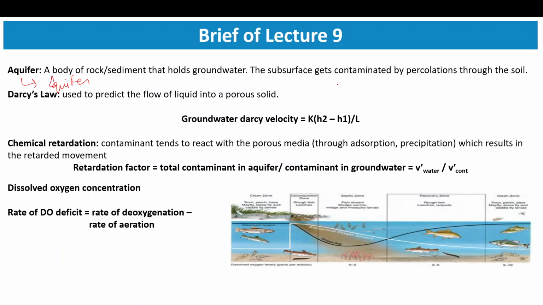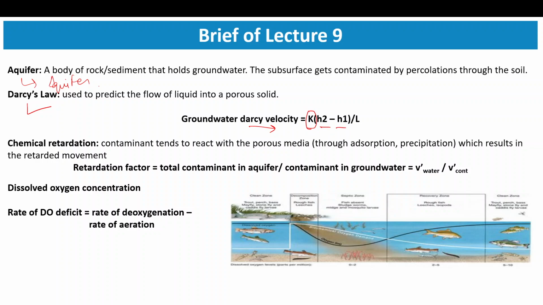from one place to another, a law is used which is known as Darcy's law. It will predict how the flow of liquid occurs in any porous solid. So this is the Darcy velocity. This K is a constant.